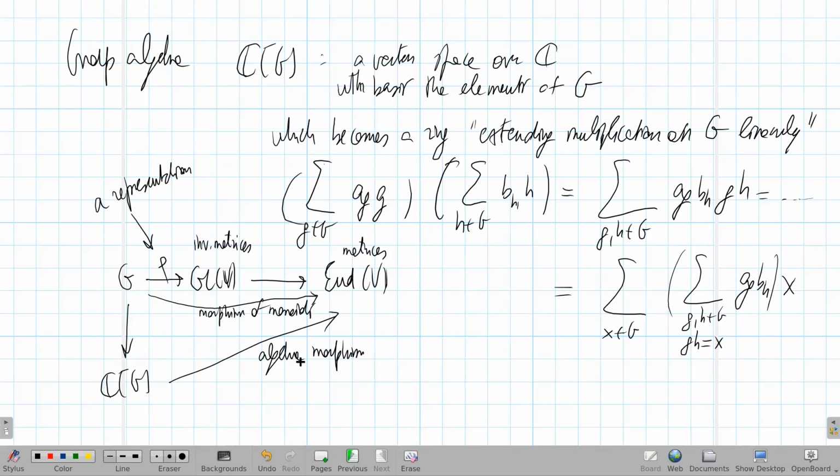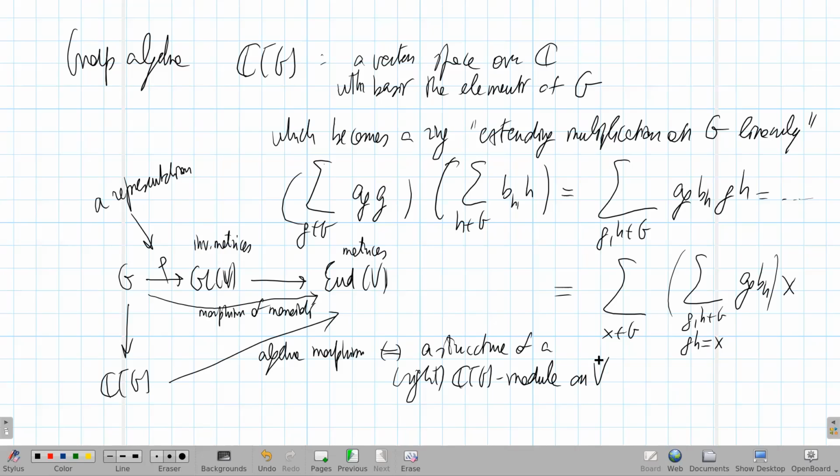And if you decode what it means that this is an algebra morphism from CG to End(V), this is exactly equivalent to having the structure of a right, well, let's say right, CG module on V.